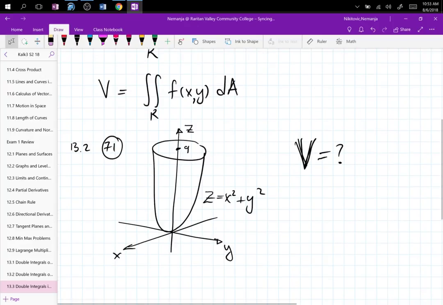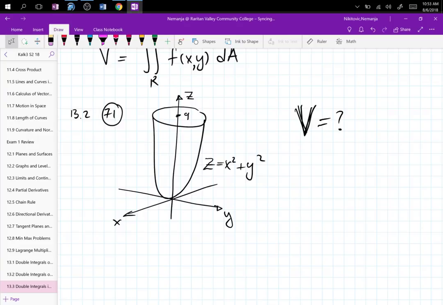Now, what do we have? Well, if you shine the light from above, you will see that we have some kind of a circle in the domain.